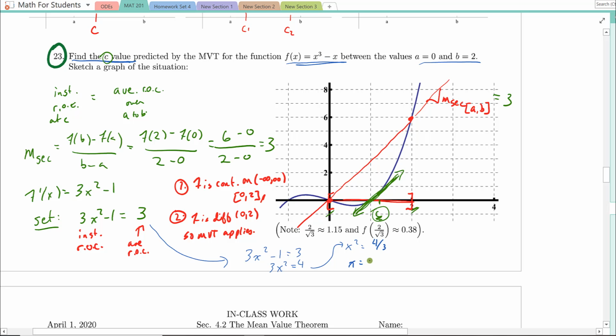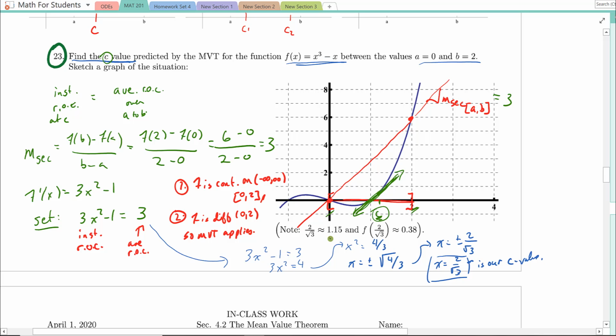And so we get x is equal to plus or minus the square root of 4/3, or x is equal to plus or minus 2 over the square root of 3, distributing that square root to the numerator and denominator. Only one of these lies in the interval between 0 and 2, but that's good enough to find that c value. So that is our c value.